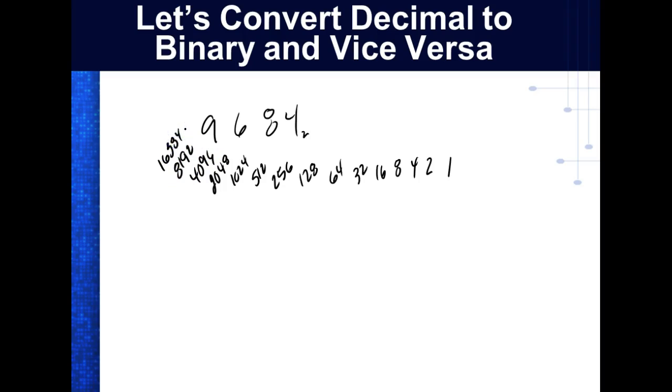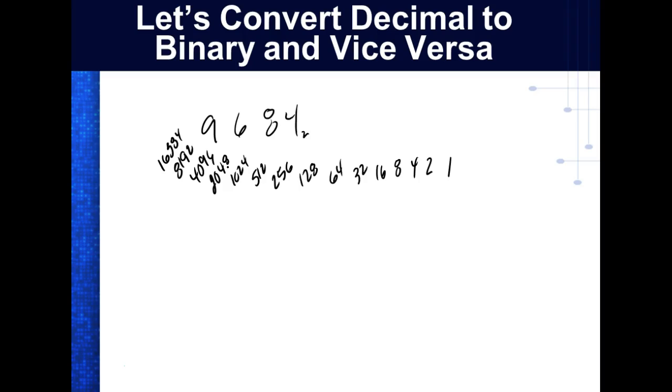And then I would start doing what? Subtracting. So that's one way we would go from decimal to binary, by subtracting the decimal equivalents of powers of 2, right? Everybody okay?